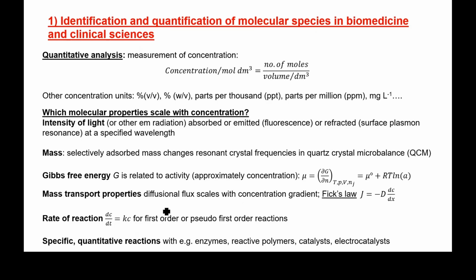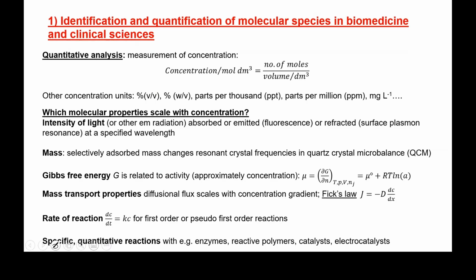Or we can look at mass transport properties, which is what amperometric and voltammetric techniques do, where we're exploiting the relationship between the flux, which is proportional to the current, and some concentration gradient that we set up at our device. Or we can look at rates of reaction, like, for example, an enzyme-coupled reaction with an amperometric transducer.